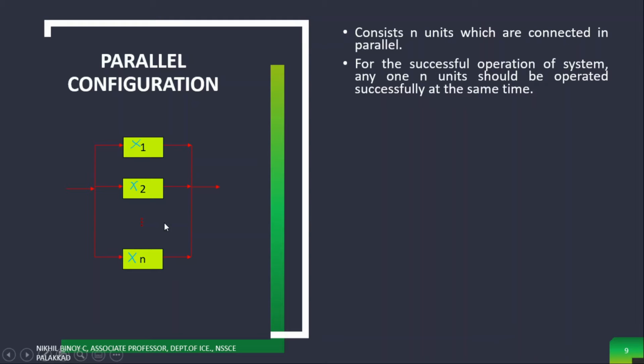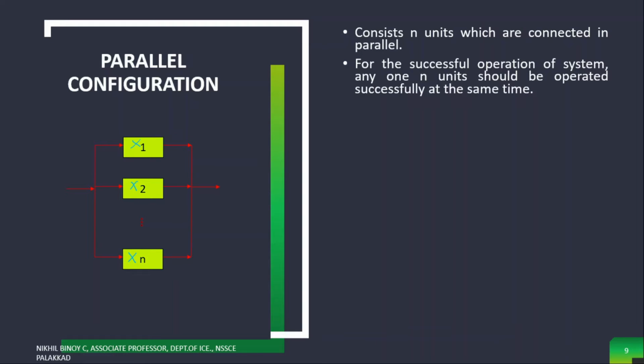Here you can see that this entire system will survive if at least one component survives. If at least one component survives, the entire system will survive. For the successful operation of this system, the successful operation of any one component is sufficient.